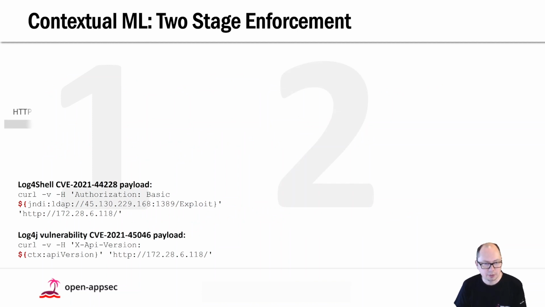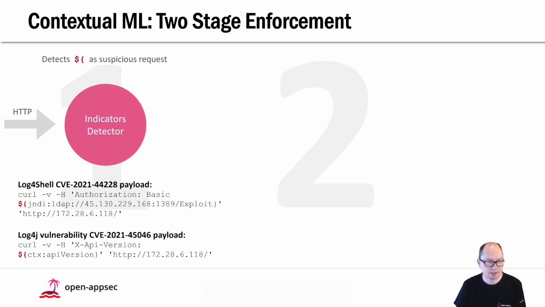When the requests arrive at phase one, the thing that we detected when Log4Shell was released, and even before, was the dollar curly brace as the single indicator.